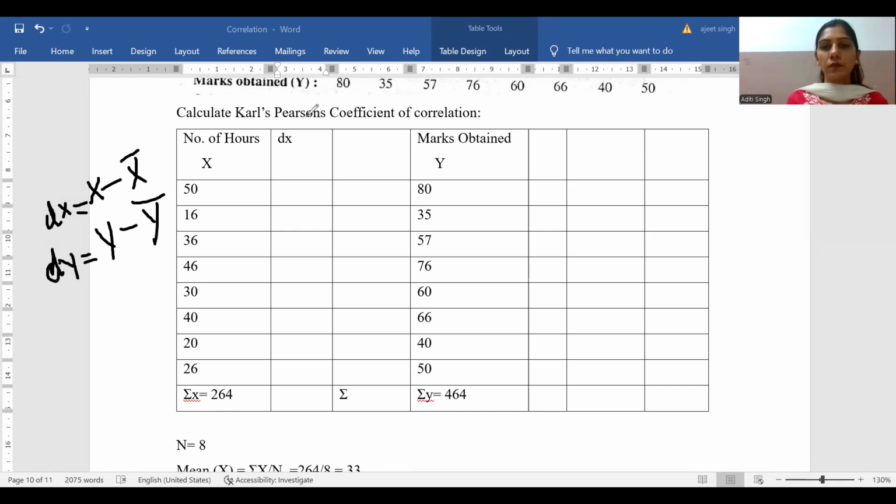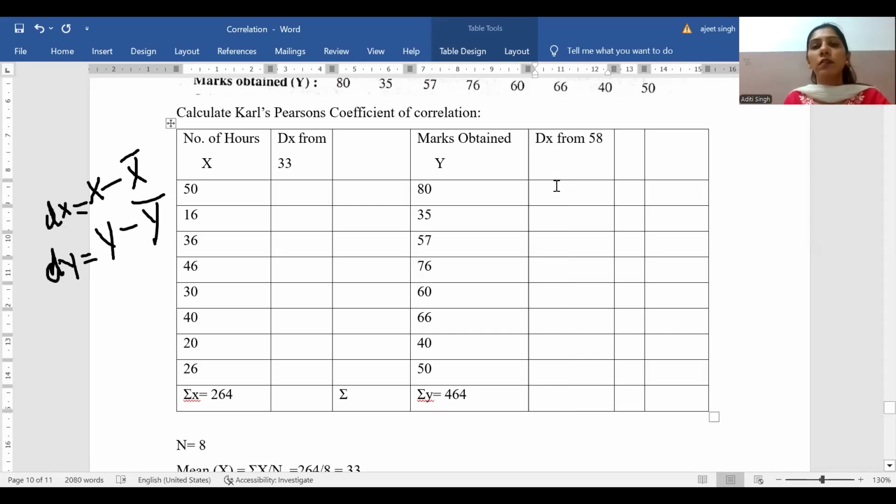As we are calculating it by mean, the mean of x is 33, and the mean of y is 58. So let's calculate x minus x bar, which is the mean.